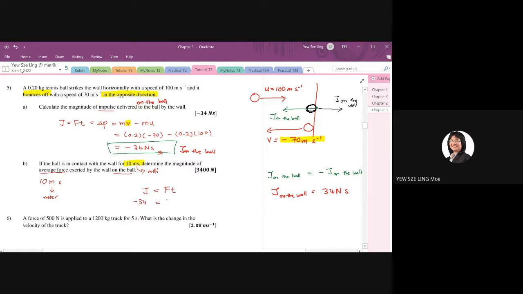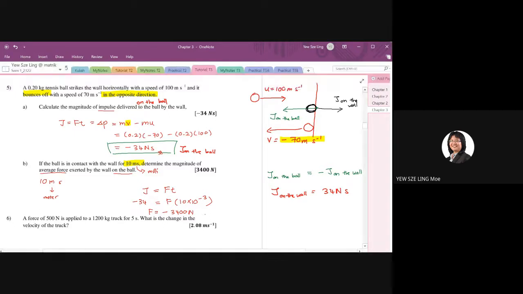That equals F, which is what we want to find, times 10 milli, so 10 times 10 to the power of negative 3 second. Therefore, F is equal to negative 3,400 Newton. Again, you have a negative value.